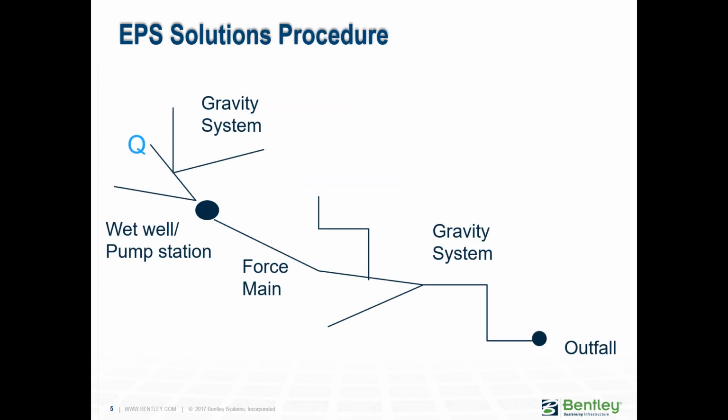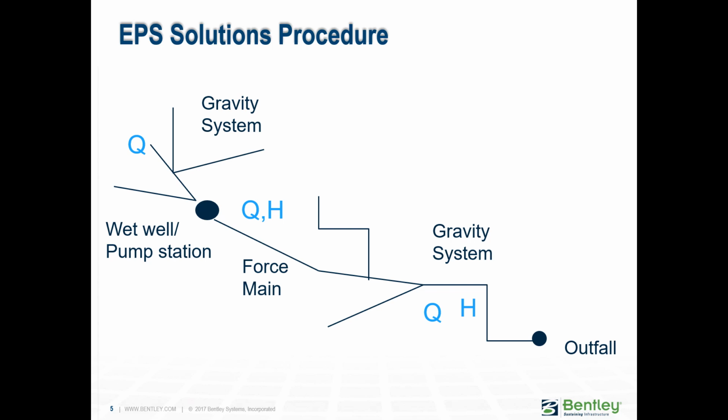So the way this works is that the algorithm in SewerCAD generates hydrographs for the gravity portion, and then it routes those hydrographs to the wet well, and then it does the pressure calculations for the force main system, determines the levels in the wet wells over time, and then the hydraulic grade line is calculated for each of your time steps.